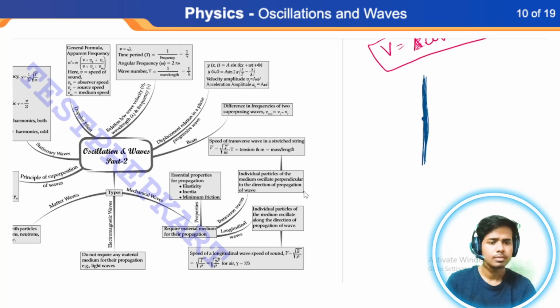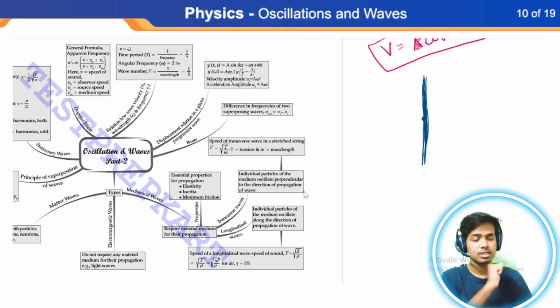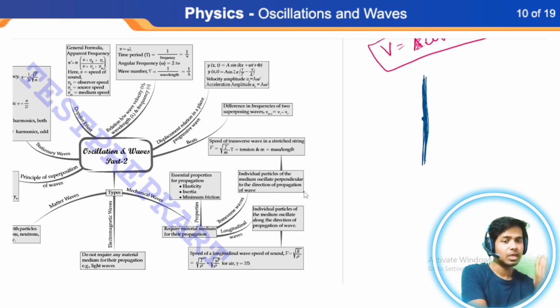Just assume the particle is oscillating in this direction, but it is inside a container which is moving in a horizontal direction. This motion is with respect to the box, but the box is also moving.